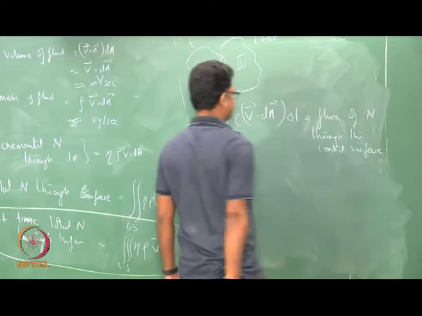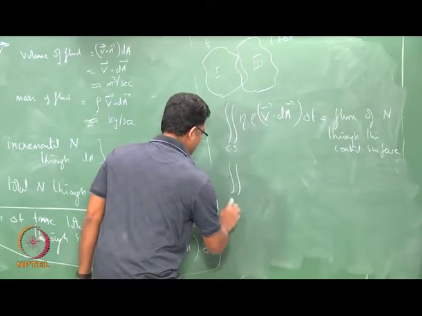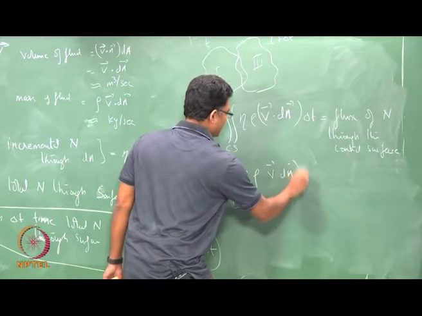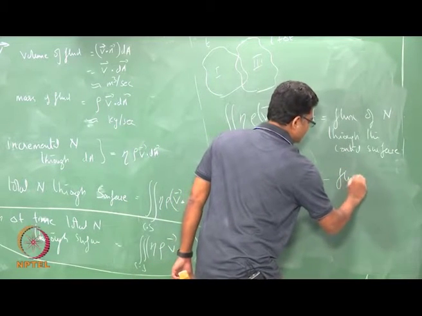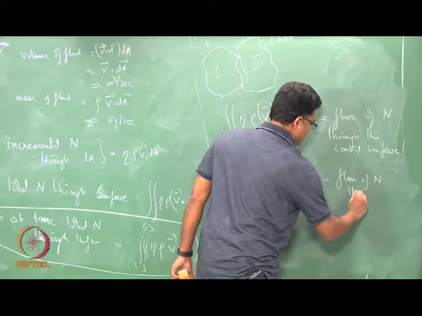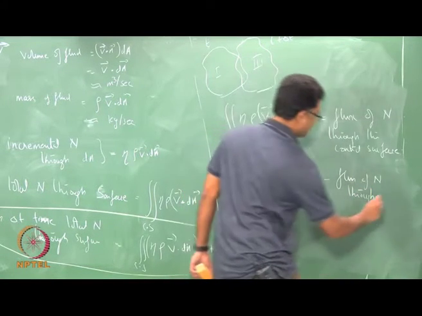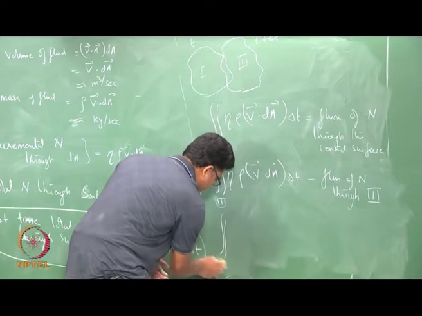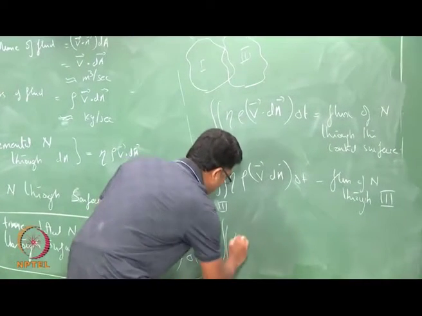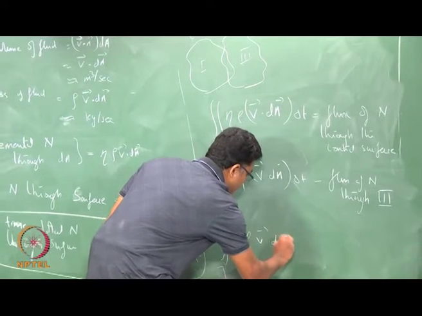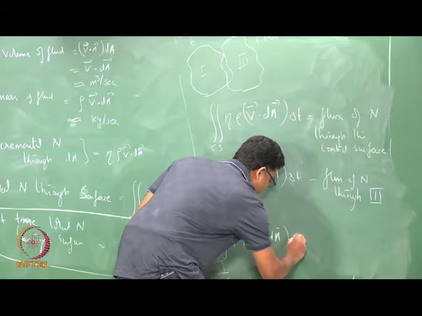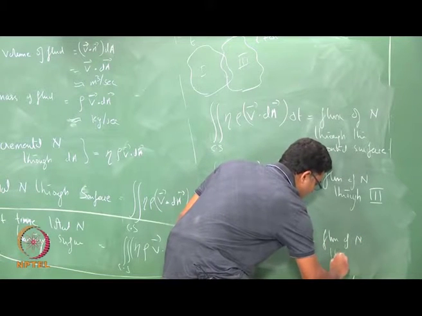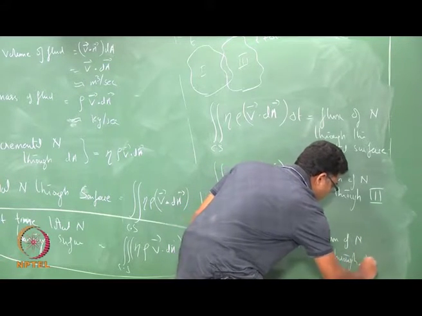Okay. So, for region 3, eta rho V dot dA delta t is the flux of N through region 3. For region 1, eta rho V dot dA into delta t is the flux of N through 1 in delta t time.